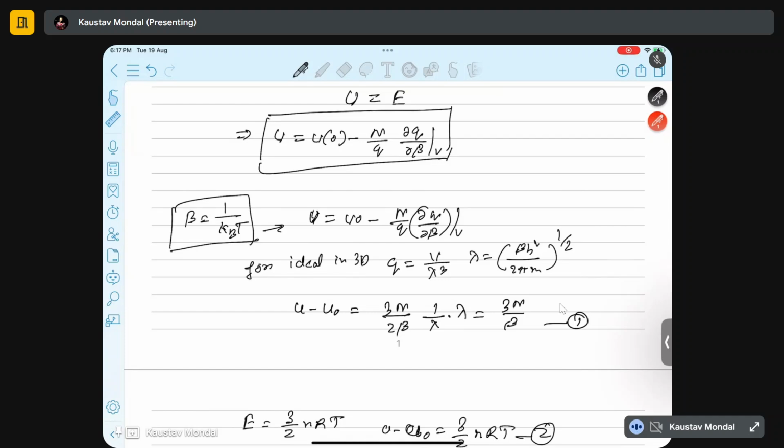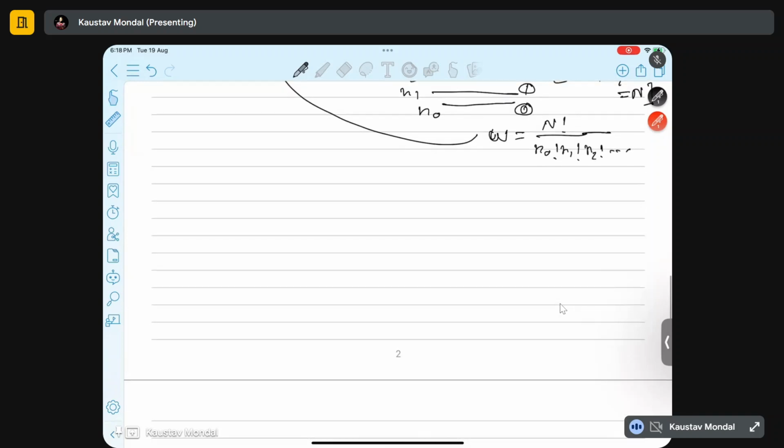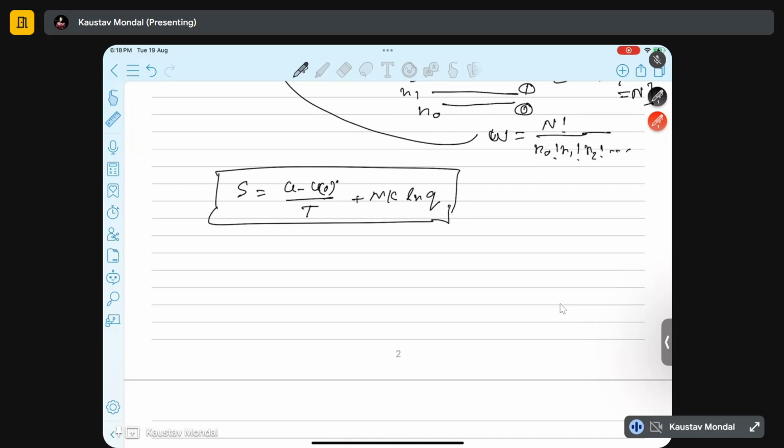So the expression of the entropy can also be written in terms of the internal energy and partition function. That expression is also very useful. This is U minus U0 by T plus Nk. This is also a very useful expression of the entropy. This expression we will also use at a later stage.